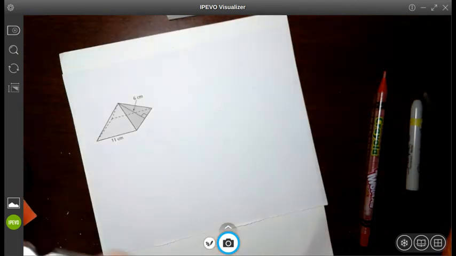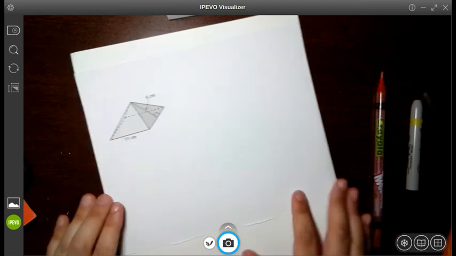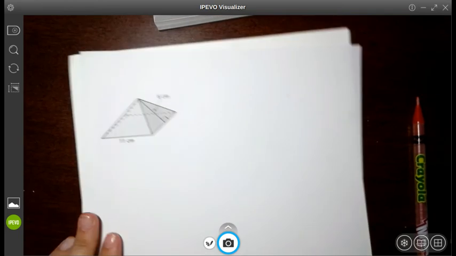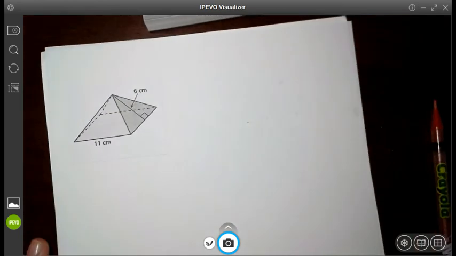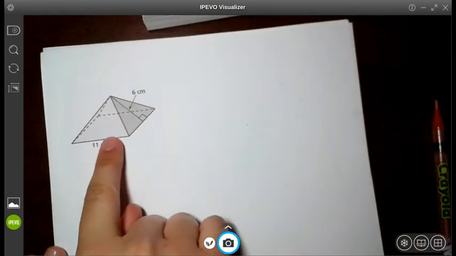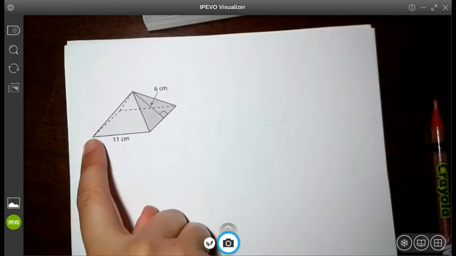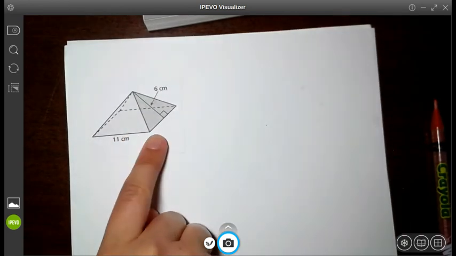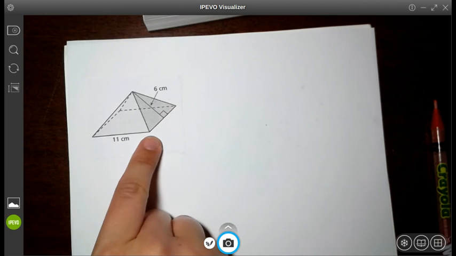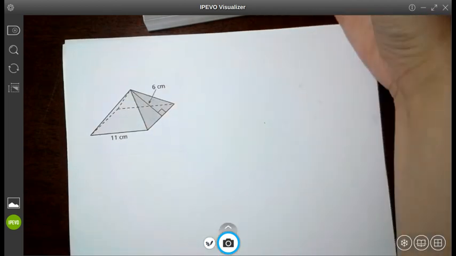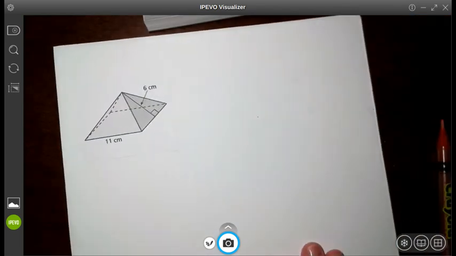So for our first example, this is a square pyramid with a base side of 11. Since it's a square, I know that all sides are equal.